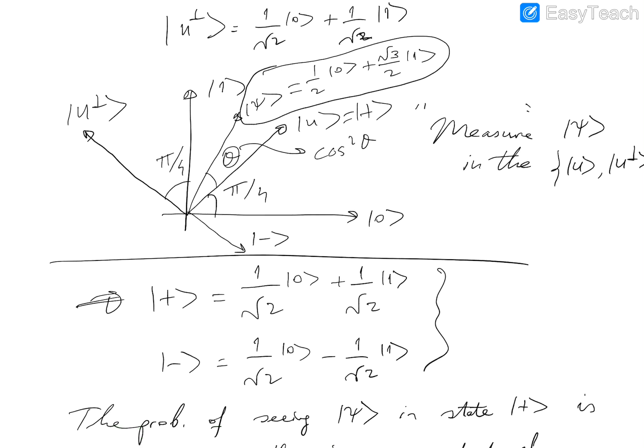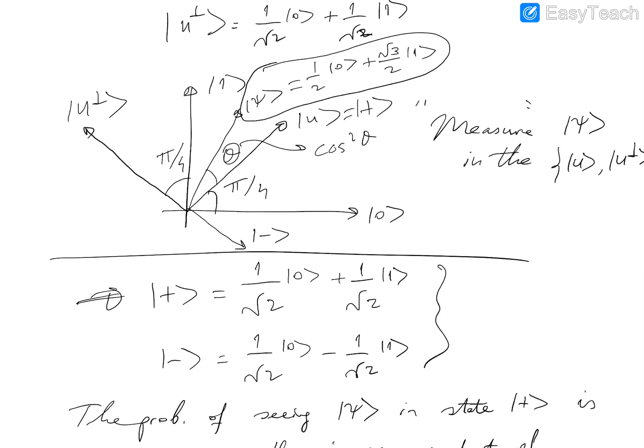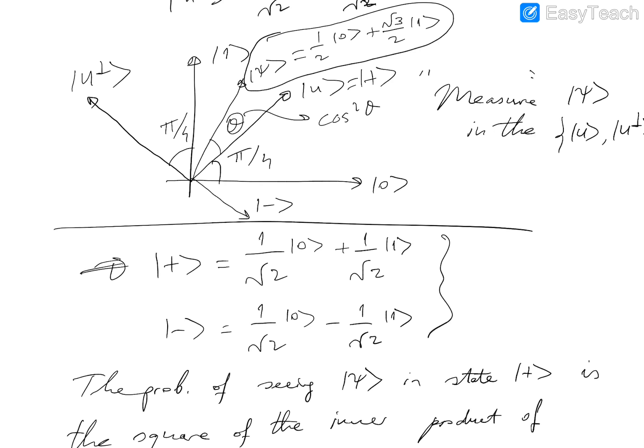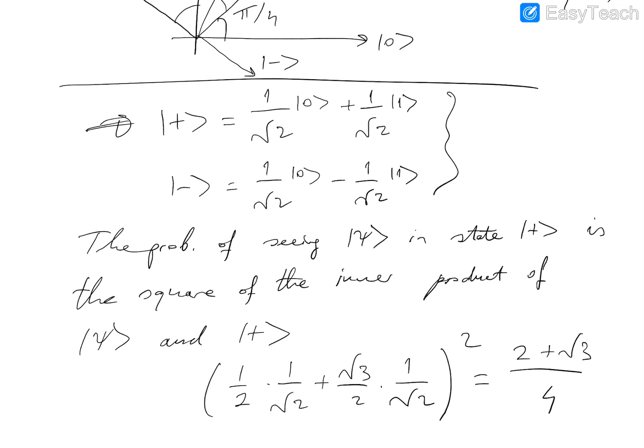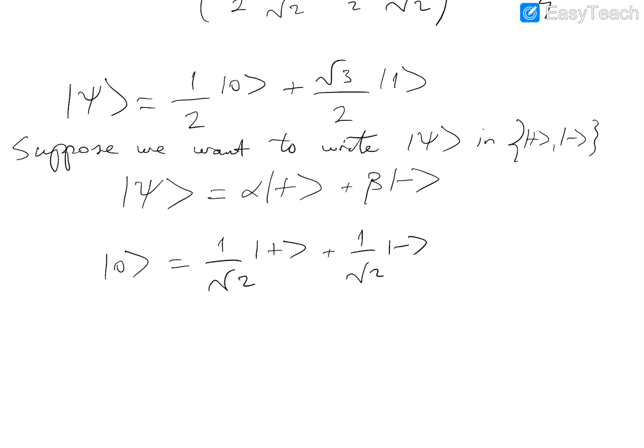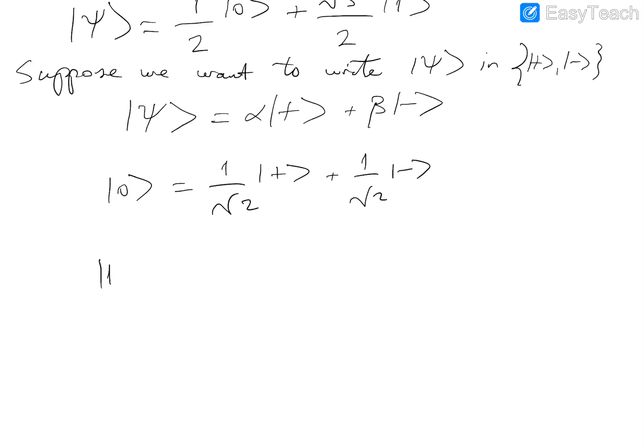If we take a look at the diagram here, ket 0 is exactly between ket plus and ket minus in the positive direction for both vectors. What about ket 1? Well, ket 1 will be equal to 1 over square root 2 ket plus minus 1 over square root 2 ket minus.